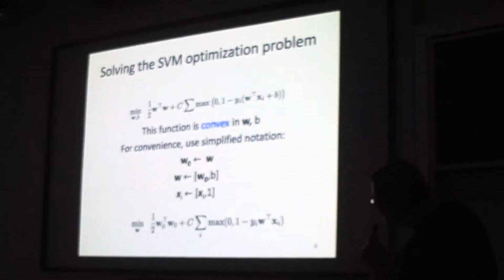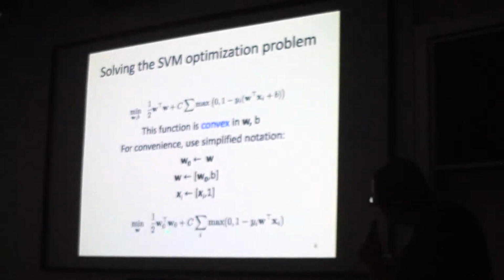But here, for convenience, again, we're going to use the notation simplification trick that we use extensively. We will fold our bias parameter into the weight vector, so accordingly we augment the feature vector with a constant 1 to account for the bias parameter B. Because in the first term the weight vector does not contain the bias parameter B, we denote the original feature weight vector by W0. Now with this simplified notation, our objective function is written this way.